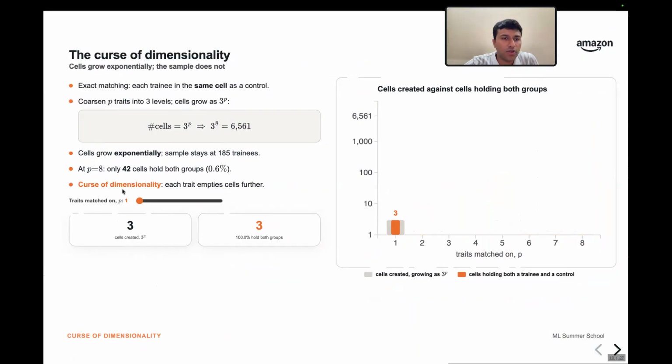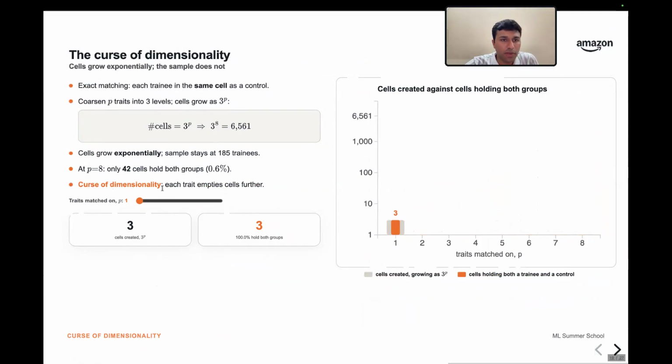and the other technique, right? So the problem with these two approaches is that if, let's say, you consider only three different levels. So for example, even for age, you are creating only three different bins, and what you then do is basically you select a value of p, which basically denotes how many traits they are actually matched on, and then scale the value of p, right?